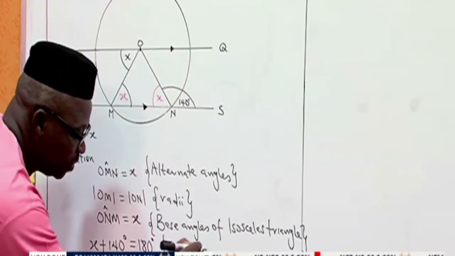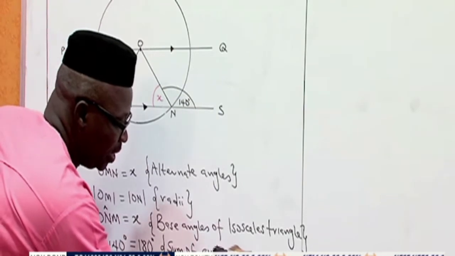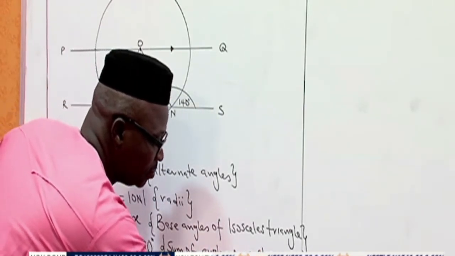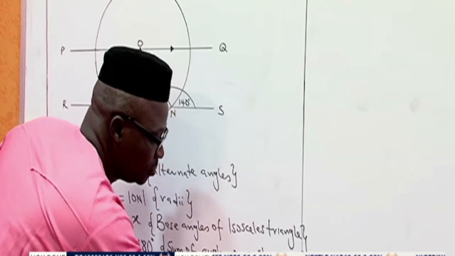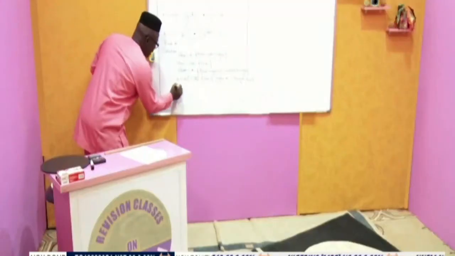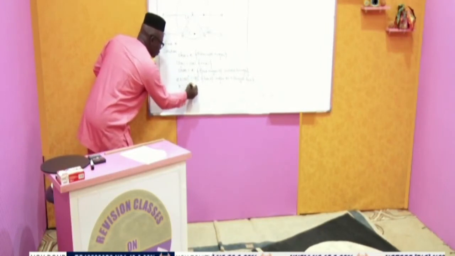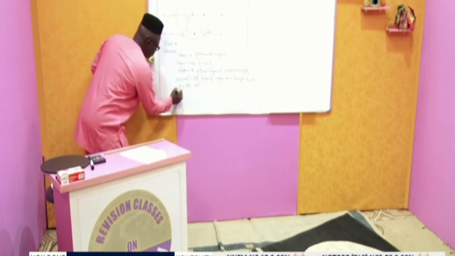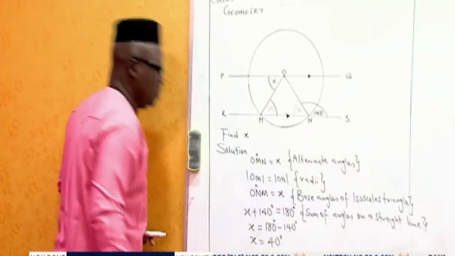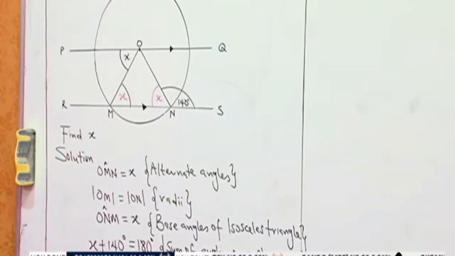Sum of angles on a straight line. So x is going to be 180 minus 140, and that implies x is going to be 40 degrees. So we are done. We have gotten the value of x.